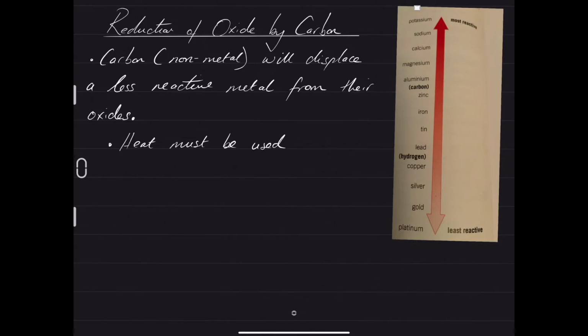All right. Next point. Carbon dioxide gas is formed. So once you heat the metal oxide with carbon, you produce carbon dioxide. Carbon dioxide gas is formed.